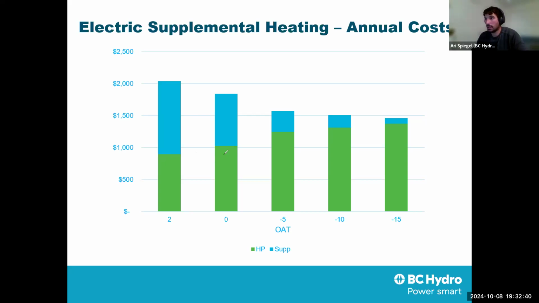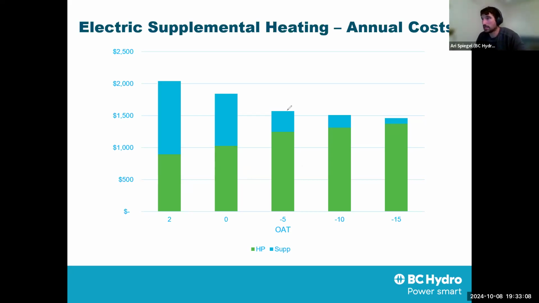As we can see, as you size your heat pump larger and larger, so it can meet your home's needs at colder and colder temperatures, not only does your operating cost go down because the heat pump is more efficient than electric supplemental, so the total cost goes down, but we can see the portion that the heat pump is contributing. It takes on more heating load.